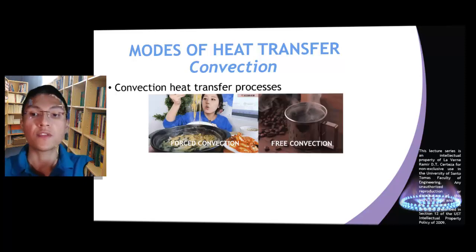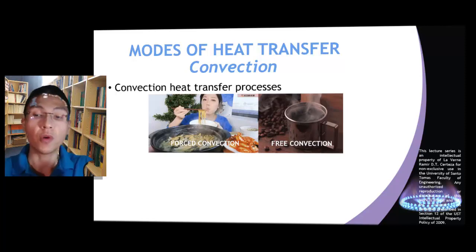The second is free or natural convection. This is a type of convection which occurs when fluid flows through a surface due to buoyancy, and no external means are used to force fluid flow. A very common example of this is when we allow hot coffee to cool down inside a relatively cooler room.